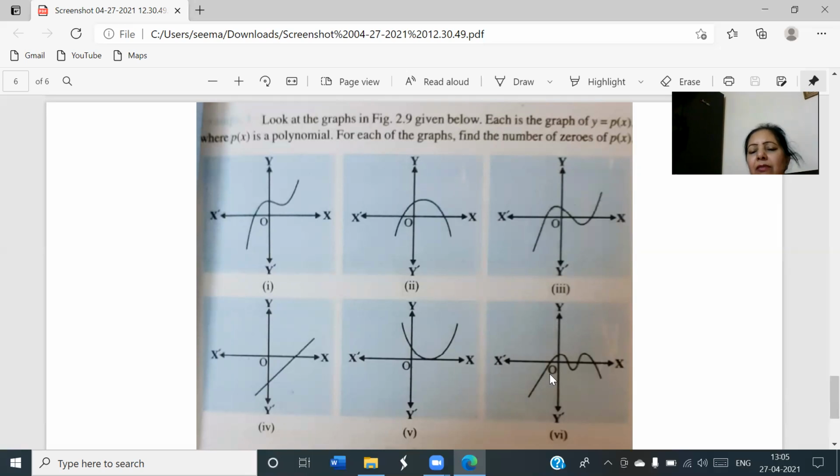And this graph intersects the x-axis at 1, 2, 3 and 4 points, meaning there are 4 zeros. So in all the graphs you see, the points where they intersect the x-axis are called zeros of the polynomial.